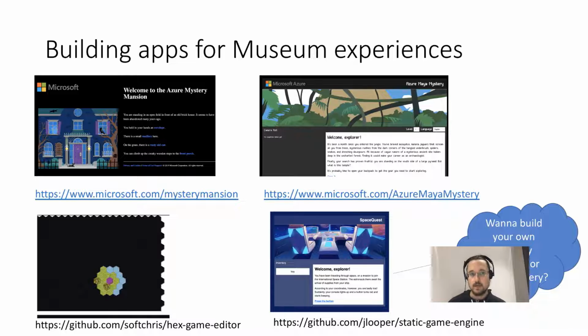And because of all of that work, my colleague Jen Looper and I started building a game engine that we could use to tell all of these stories in a fun way. Here, for example, on the top left, you see Azure Mystery Mansion. This is a text-based game, and you progress through the game by picking items up. You pick up notes, you read about different clues, and you advance through a house of mystery.